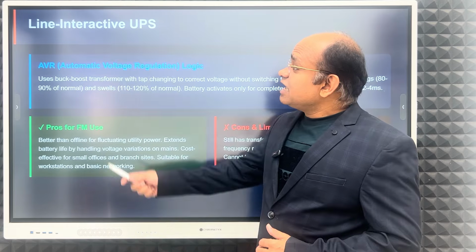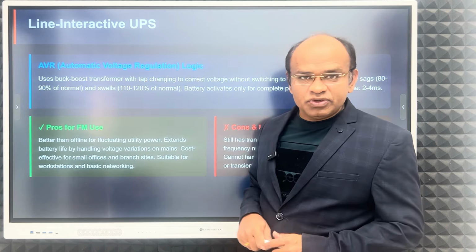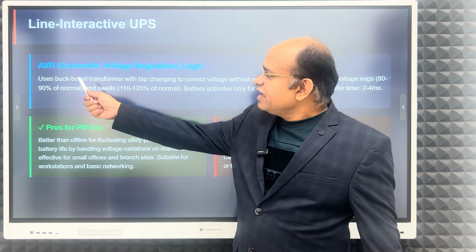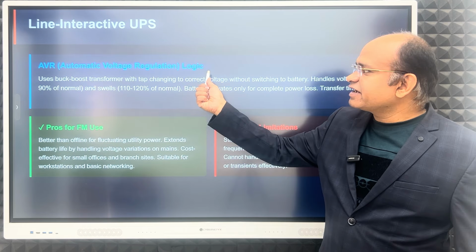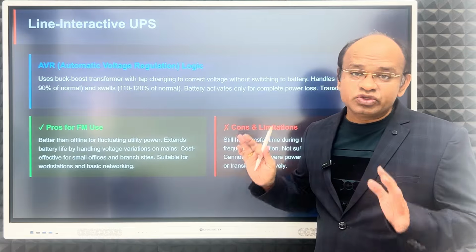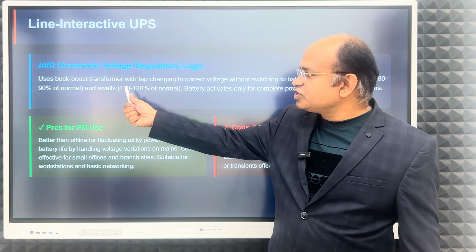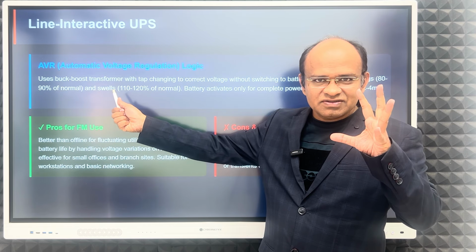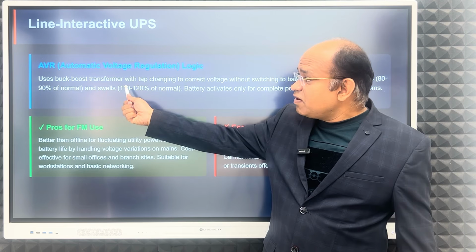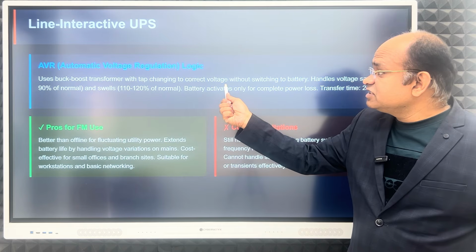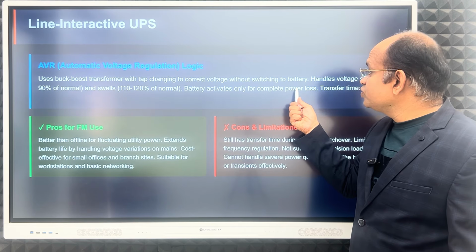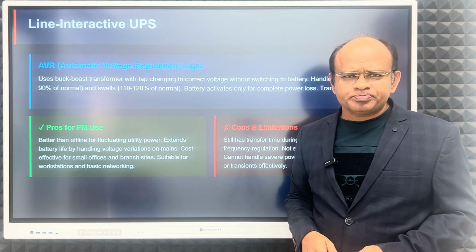Now, the second type is line interactive UPS. AVR, automatic voltage regulation logic, is used in this UPS. So what is that? It uses a buck-boost transformer with tap changing to correct voltage without switching to battery.